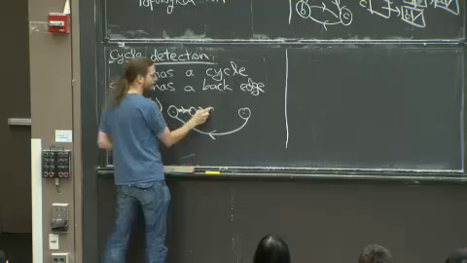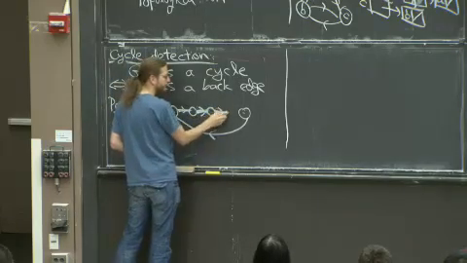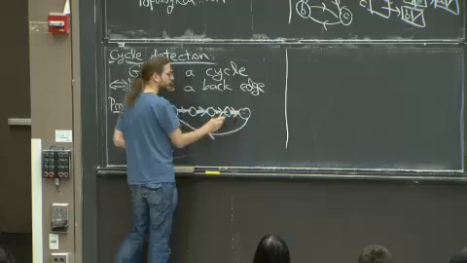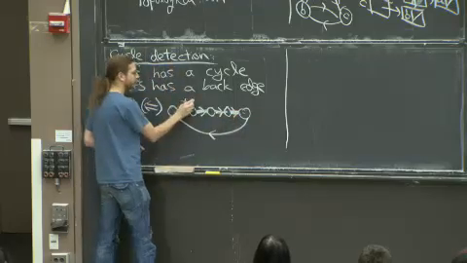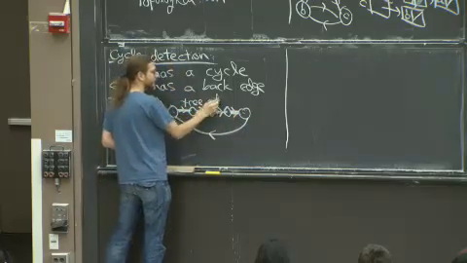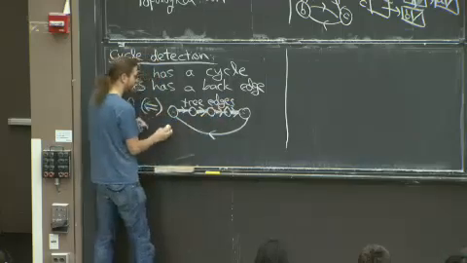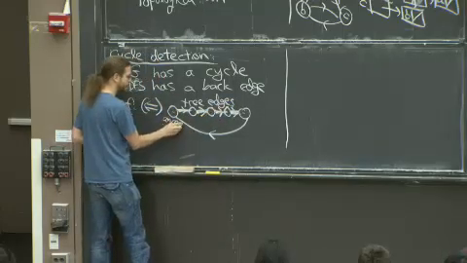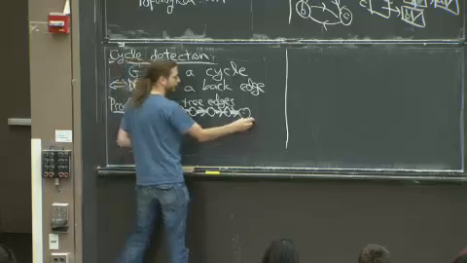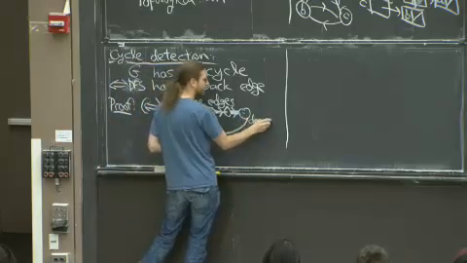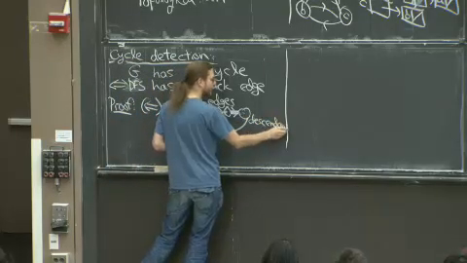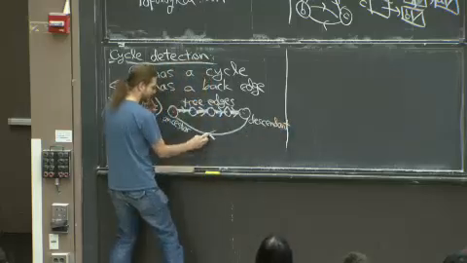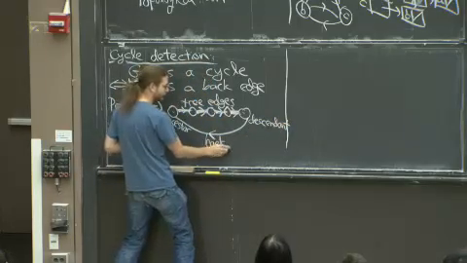There's a path, a tree path, that connects one to the other. So these are tree edges, because this is supposed to be an ancestor, and this is supposed to be a descendant. And that's the definition of a back edge.